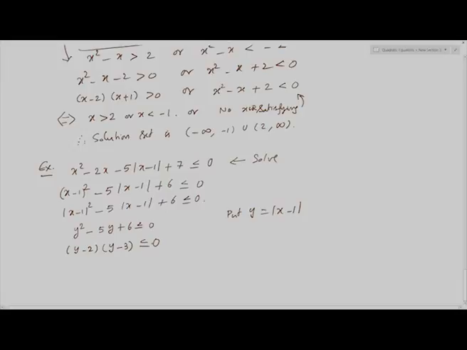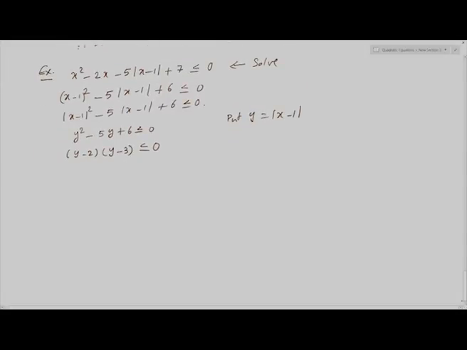Therefore, both should have opposite signs. By using the sign graph, I am not writing the sign graph here, the solution set is y belonging to the interval 2 comma 3.